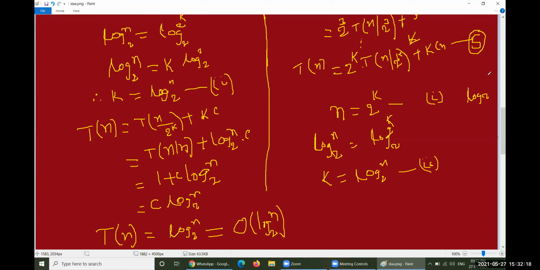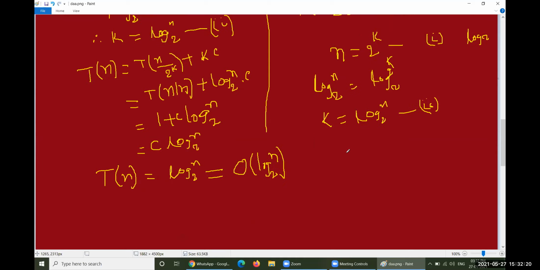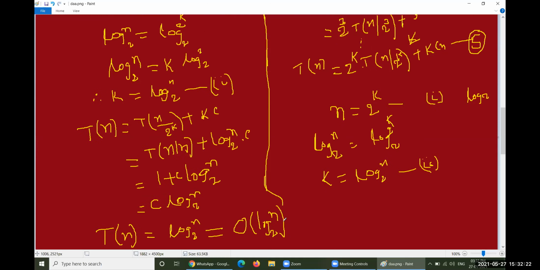Substitute these two in equation number 5. Look at equation number 5 here. Substitute the values into equation number 5. Therefore T of n will be equal to 2 power k, in the presence of 2 power k you can substitute this one. 2 power k in the sense is n.